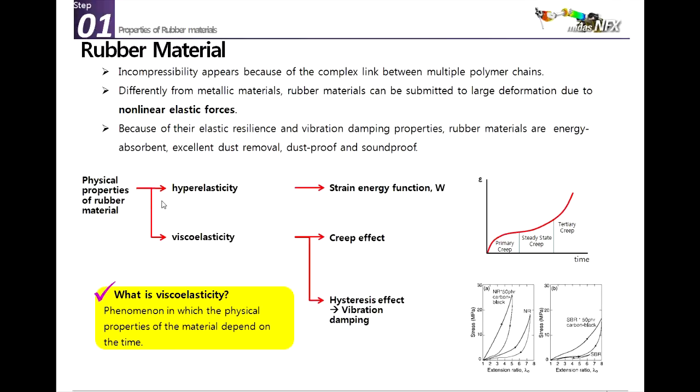And so for the hyperelasticity, the way to simulate that is to use the strain energy function W, that I'll explain, whereas the viscoelasticity considers two types of effect, the creep effect or the hysteresis effect. So NFX can also simulate the creep if you are interested in such application.